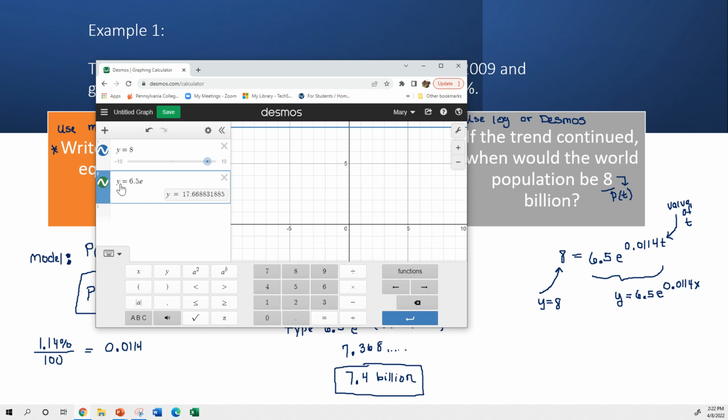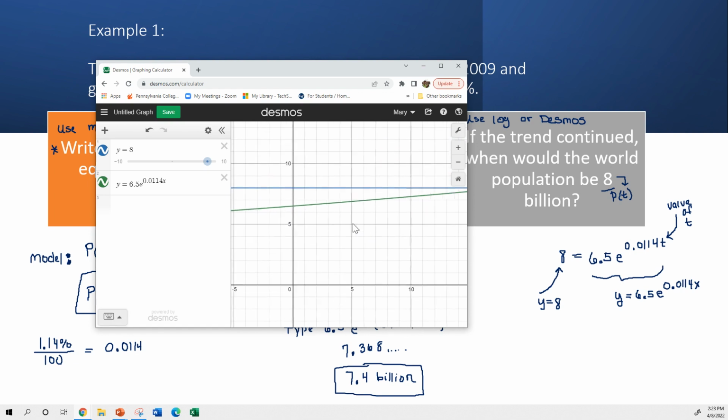So I'm using Shift and then number 6 to get the caret key. And you see my cursor move up there to the exponent position. 0.0114x. So blue was my first line, and you see that on my graph. Green is my second line, and you see that on my graph.